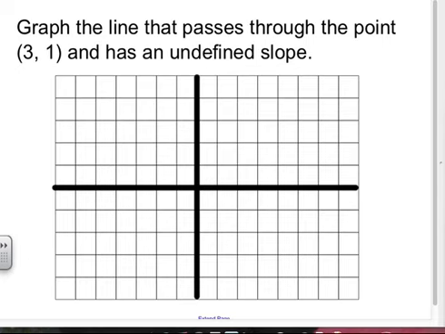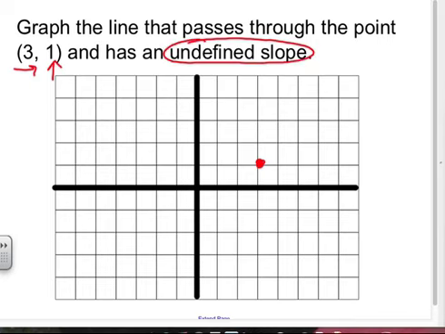Graph the line that passes through the point of 3, 1 and has an undefined slope. Okay. 3, 1 would be right 3, up 1. Okay, there's my original point. Right 3, up 1. And has an undefined slope.